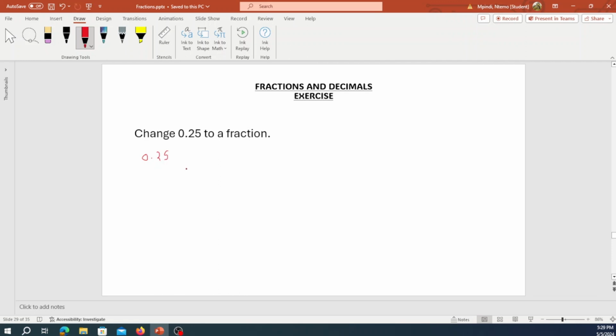Now, this is what needs to be done here. It's gonna be equal to 25 over 100.